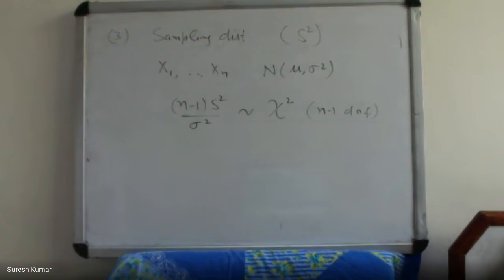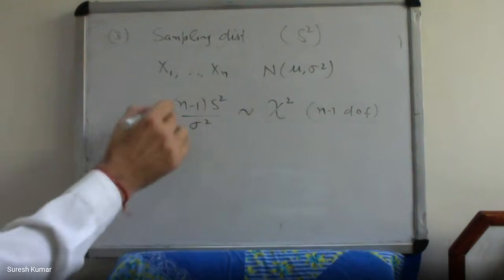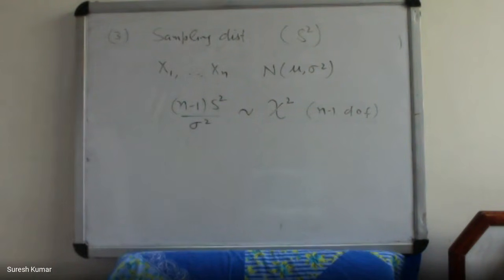This can also be proved, but we will not prove it here. So this is the statistic that we can use regarding the sampling distribution of s square.